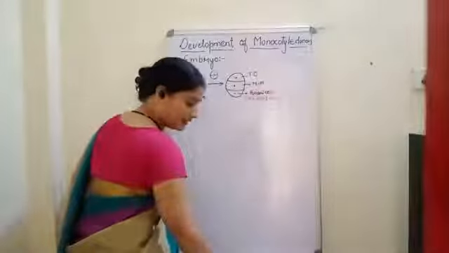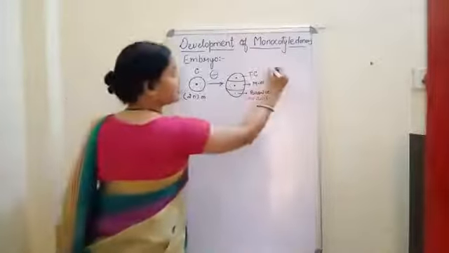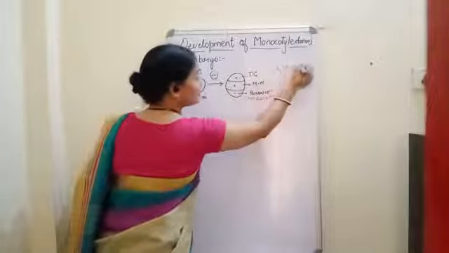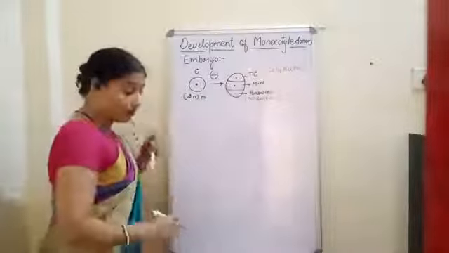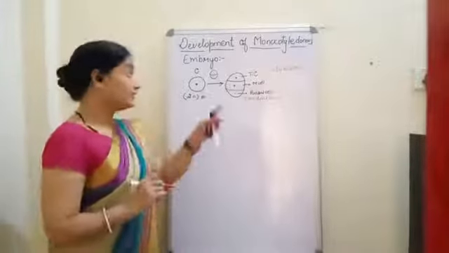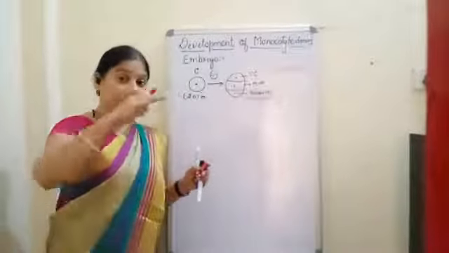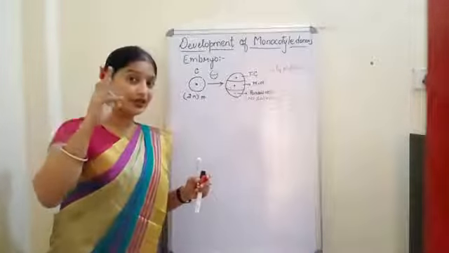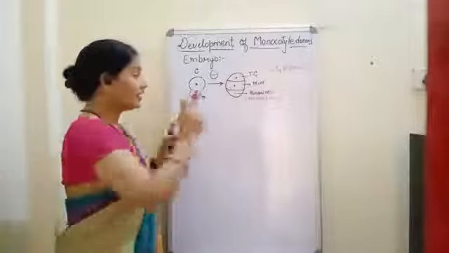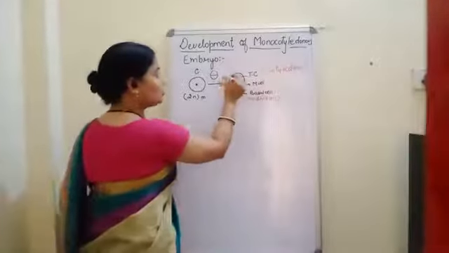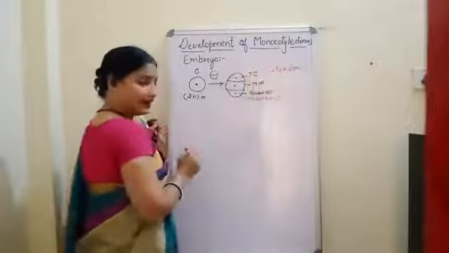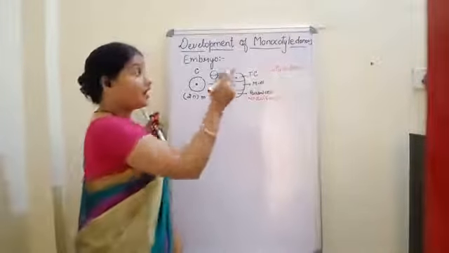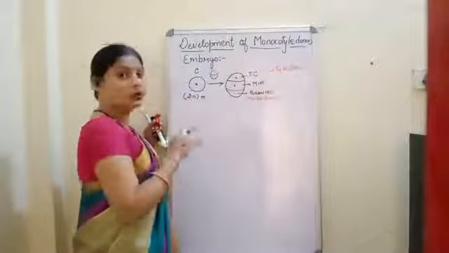This terminal cell will divide to form the cotyledon. In your book it is written that the terminal cell divides into two layers, L and L dash. Don't get confused with this. It will divide into two layers L and L dash and after that it will give rise to the upper cotyledon and lower cotyledon.